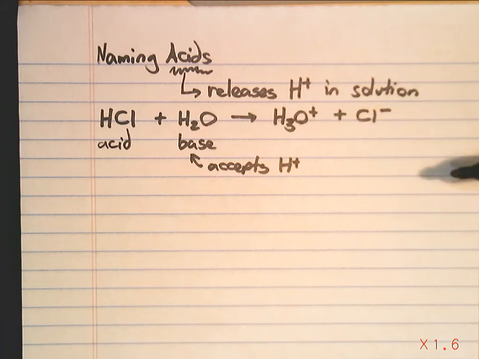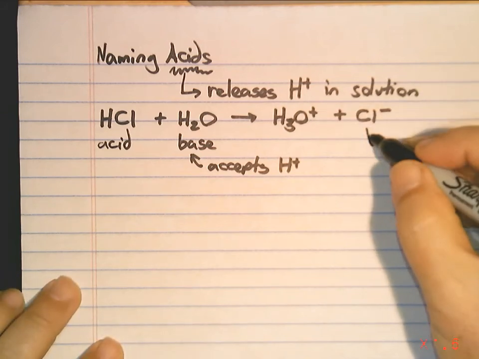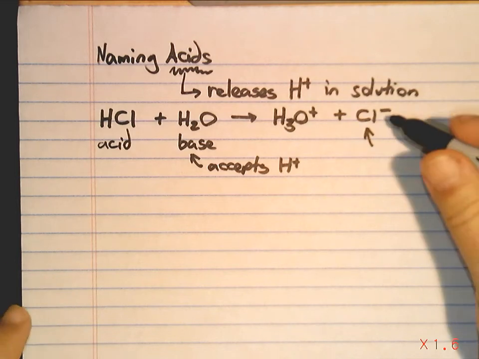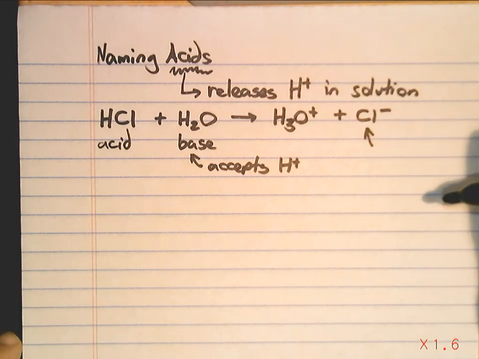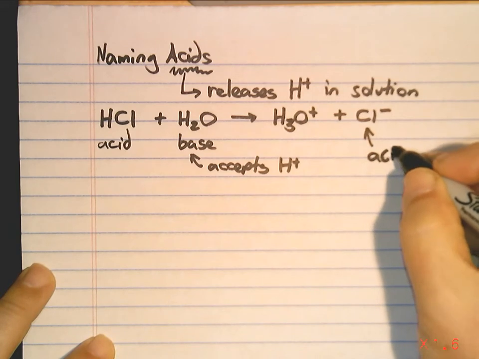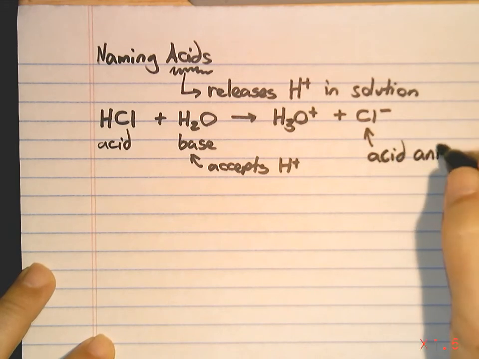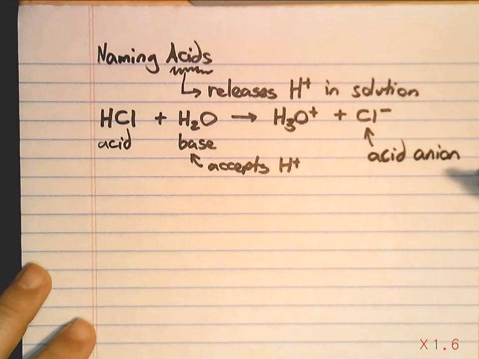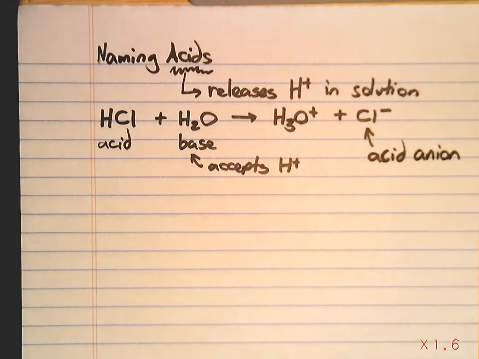It's stuck on there now. And this broken acid that's left behind, it doesn't have its hydrogen ions anymore. This thing is called an acid anion. It is a negatively charged ion that was embedded originally inside the acid. So there's some vocabulary here for you.